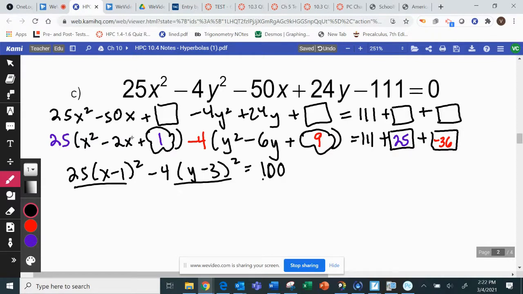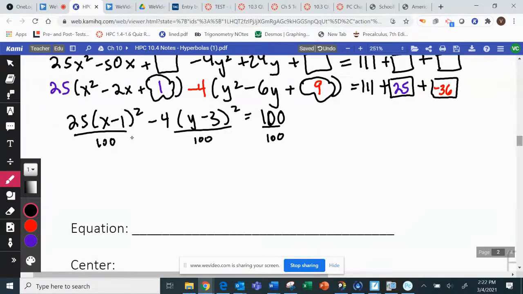Yeah, so divide everything by 100. And we get our equation.